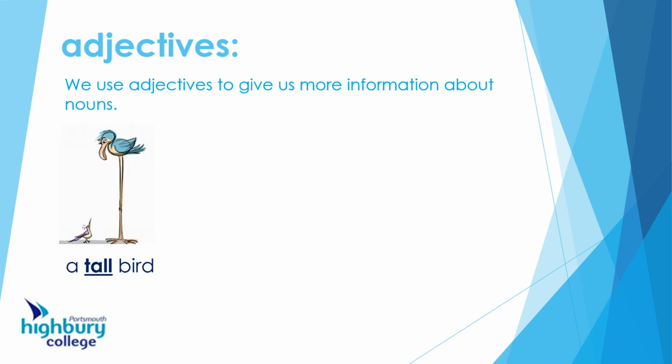Right, let's have a look at adjectives. These are very important words in English because if we don't have adjectives, we can't describe nouns. We can't give any extra information about nouns. There we go. So the noun is a bird. But if you want to give me more information about the bird, we need an adjective.